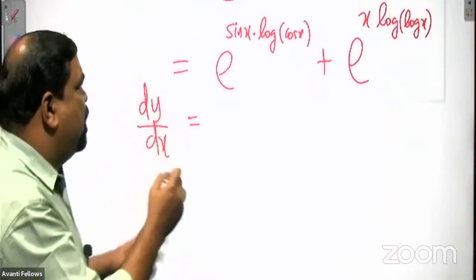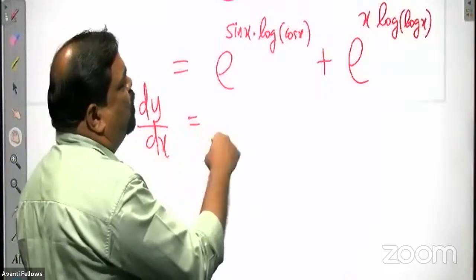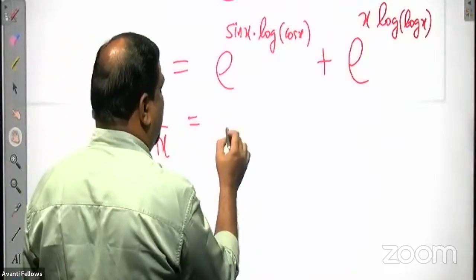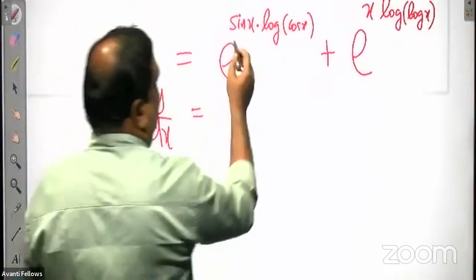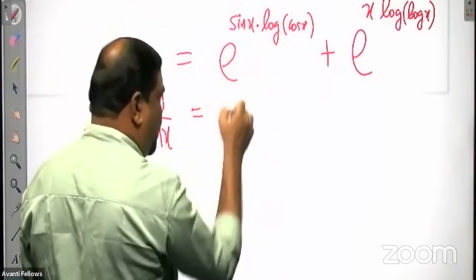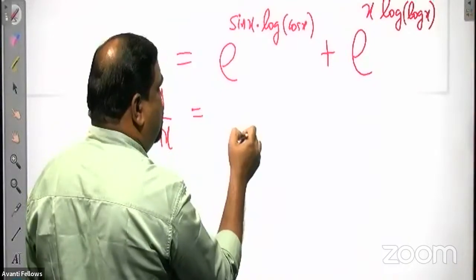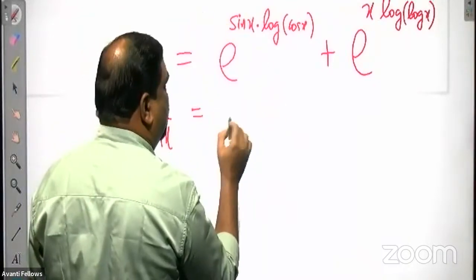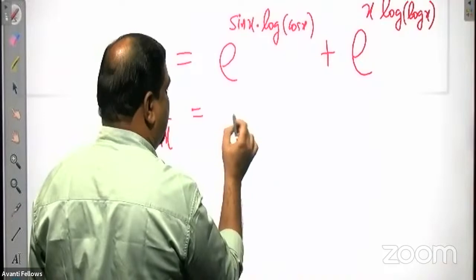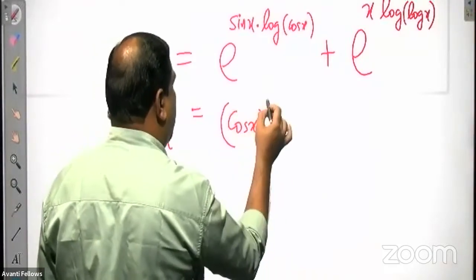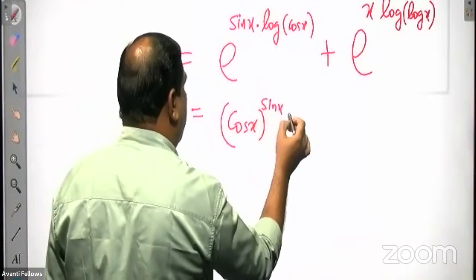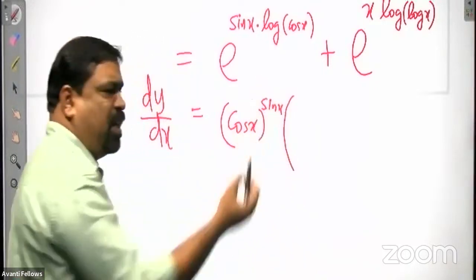The original function means cos x raised to sin x. Anyway, the same function will come first. So that is the same as the given term, cos x raised to sin x. I am writing directly here now, okay? The derivative of e power x is the same as e power x.